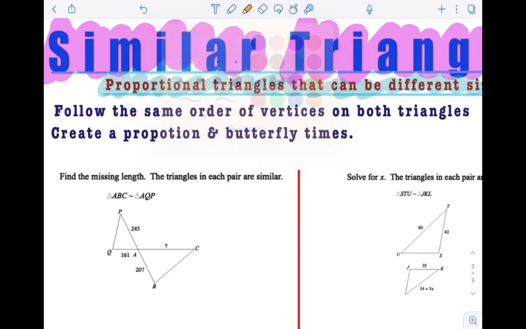We are going to follow the same order of vertices on both triangles. I'm going to show you what that looks like. Then we are going to create a proportion and butterfly times, which is another word for cross multiplying.